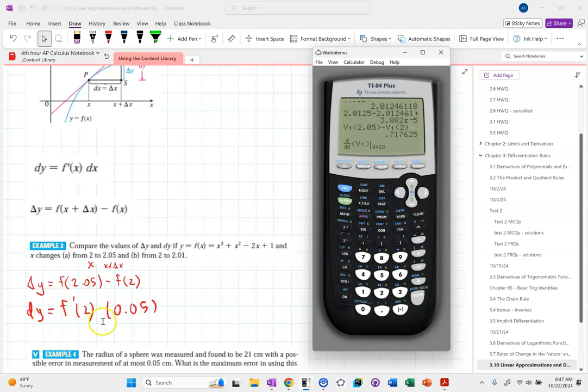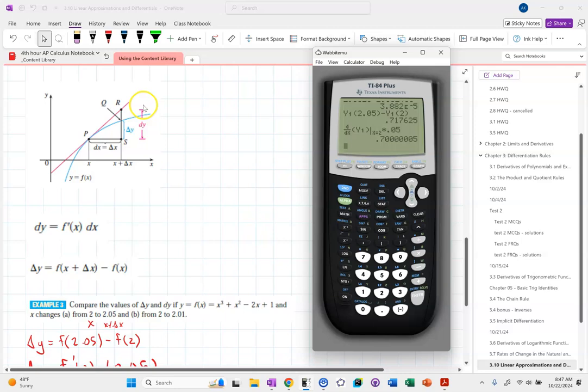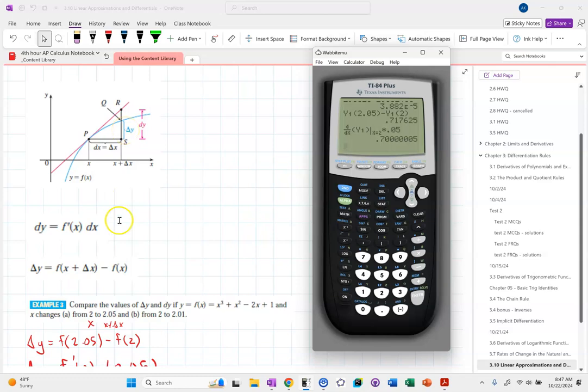So that's going to give me my f prime of 2. I want to take that value then and multiply it by 0.05. So there's my dy. If we look at the picture here, there's my dy, and the other one was my delta y.